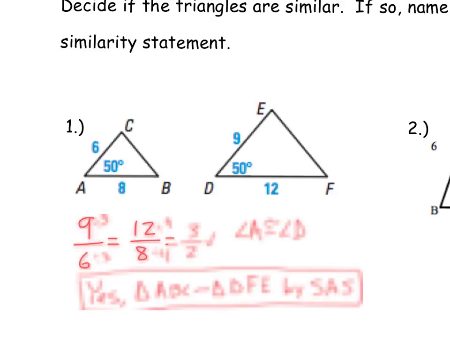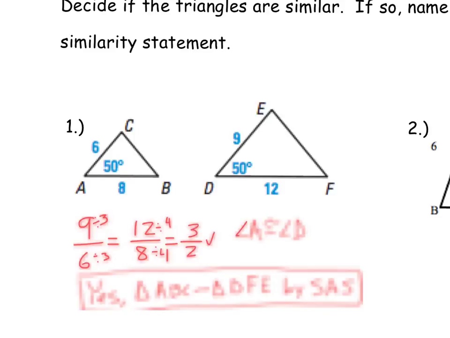What do both of those reduce to? If I divide by 3 on top and bottom on the first one, divide by 4 on top and bottom on the second one. They both end up being what, 3 over 2? Okay, so that's a check.